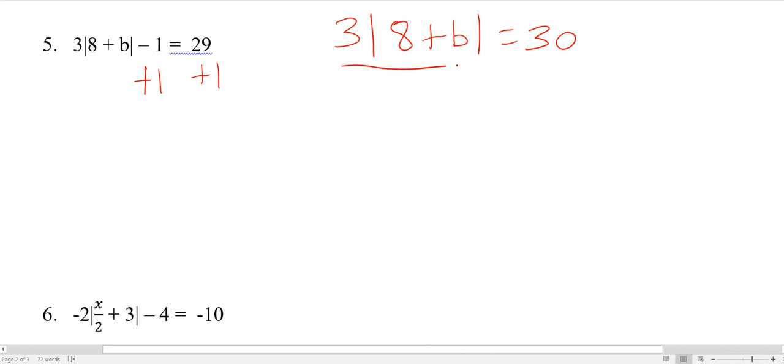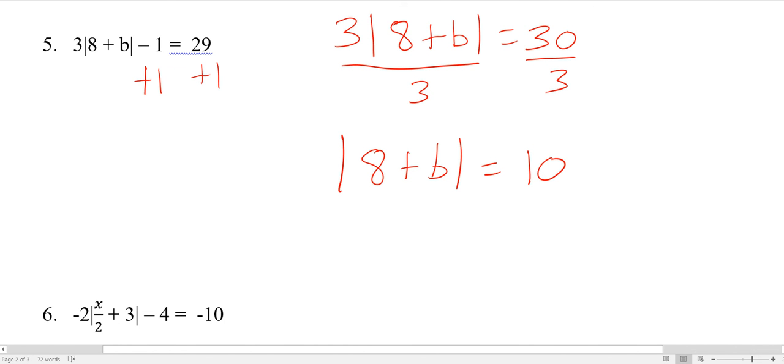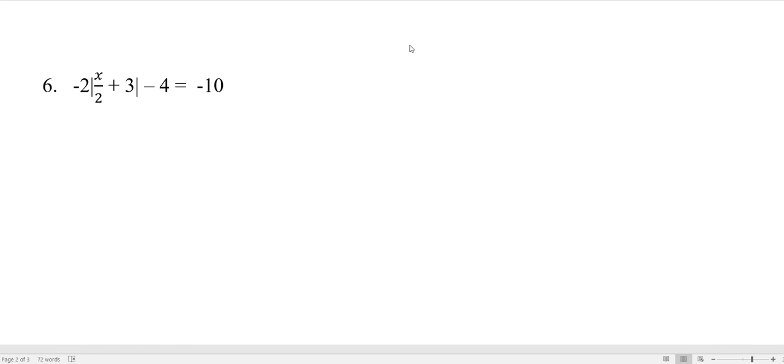I'm then going to divide both sides by 3. That leaves me with the absolute value of 8 plus b is equal to 30 divided by 3, which is 10. Now you should be able to solve that problem because it looks just like the first two problems we worked out on this video. So pause the video now if you've not done so and finish that out.